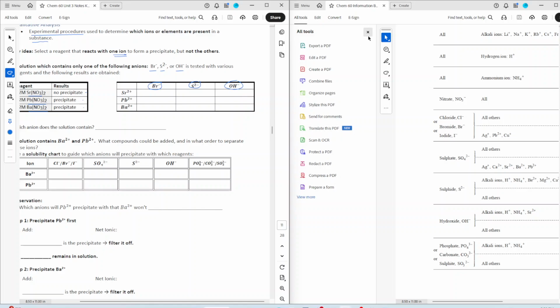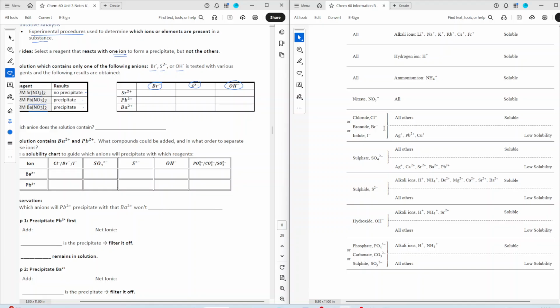Let's look to see what each of these anions does with these different cations. For example, if we are mixing things with bromide, bromide is soluble with everything but silver, lead, and copper. So bromide precipitates with lead, and not strontium and not barium.